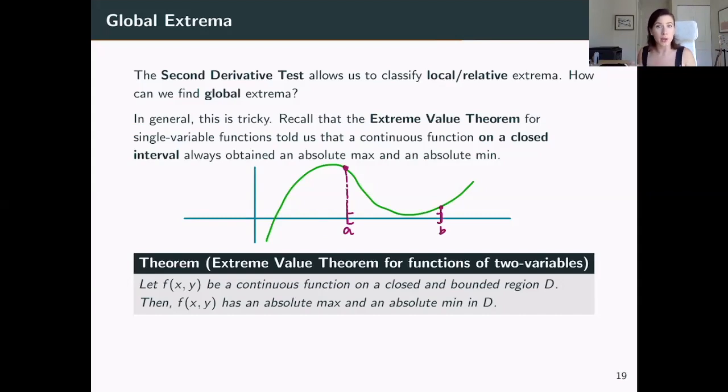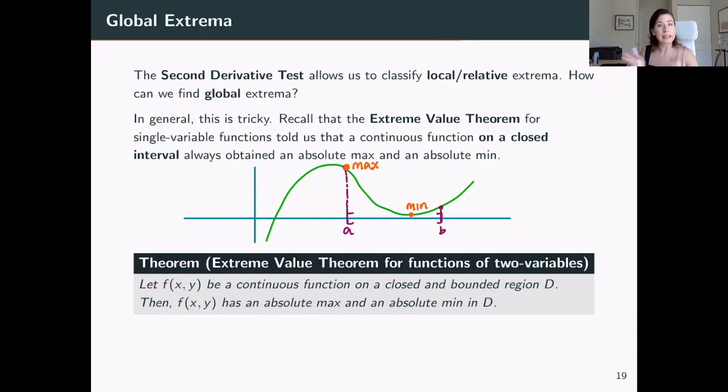And it's possible that the max or the min occurs at the endpoints, just like they do here. Here I have that this value is my maximum. It happens at one of the endpoints, whereas here I have my minimum happening inside of this closed interval.